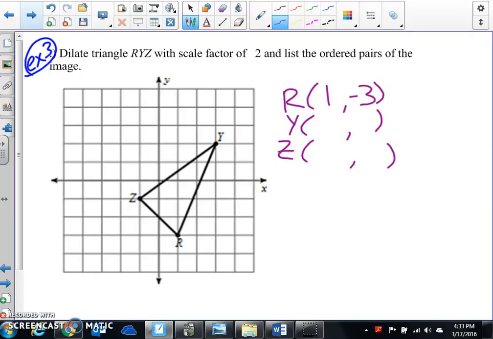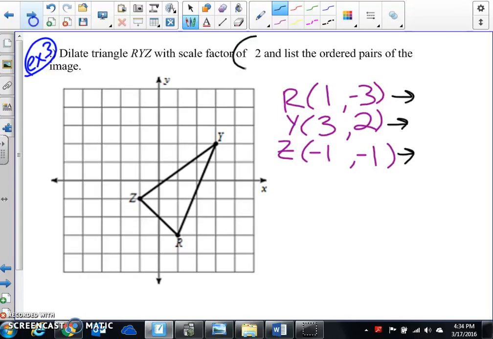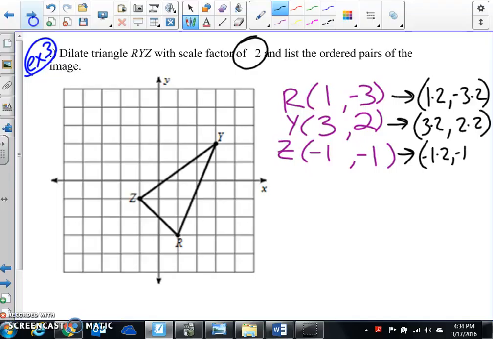Our Y is currently at 3, 2. And our Z is currently at -1, -1. Okay? We want to multiply all of the coordinates by 2. So 1 times 2, -3 times 2. 3 times 2, 2 times 2. -1 times 2, -1 times 2.